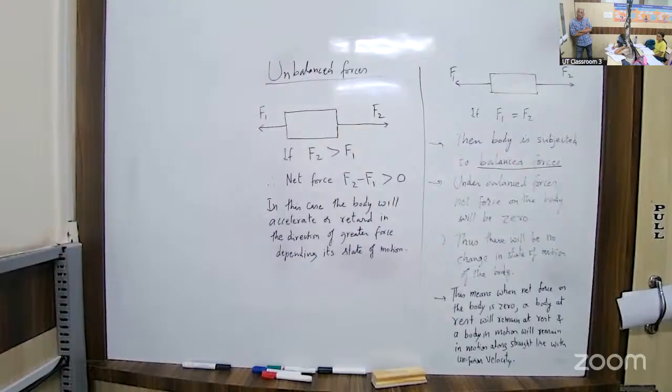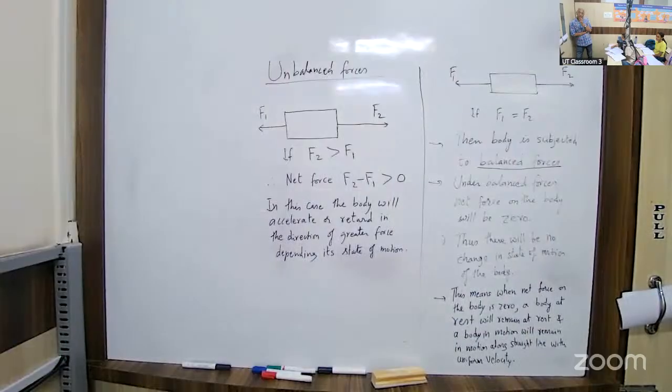So how many cases can be possible for the state of motion? You move towards the right or towards left. It could be at rest. Three cases.